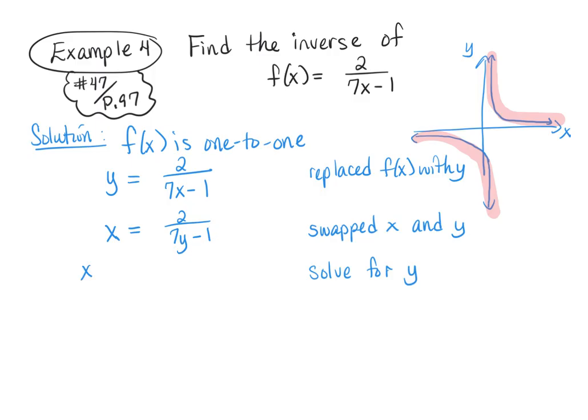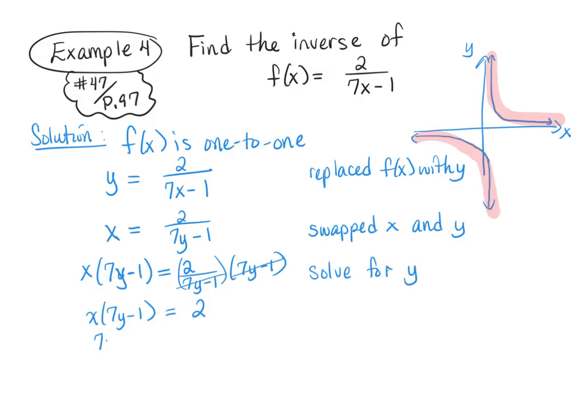So we have x times the quantity 7y minus 1 equals 2 over 7y minus 1 times the quantity 7y minus 1. Now you see these two cancel out, and that leaves us with x times 7y minus 1 equals 2.